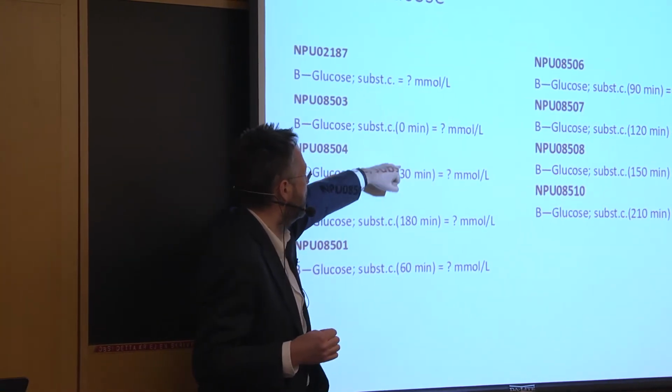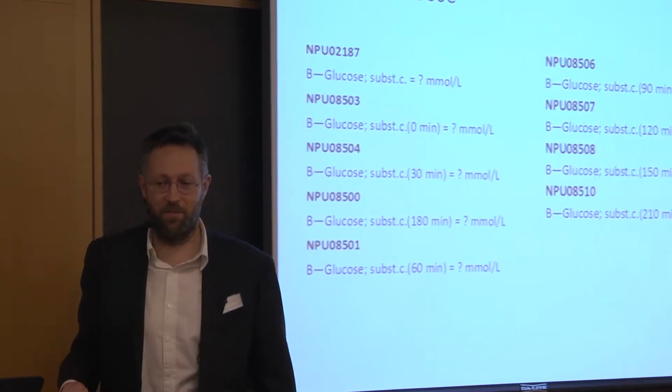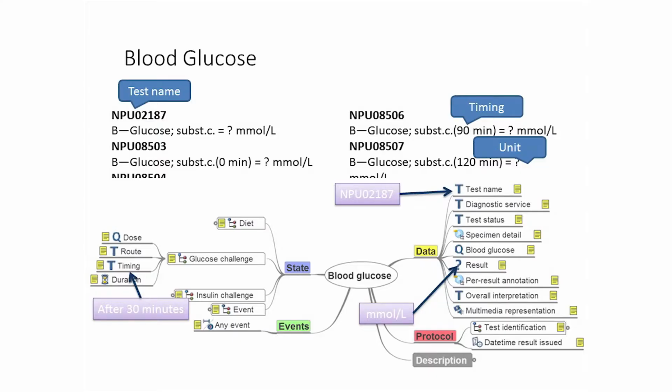And some of them have the time specified, which in this context means the time after a challenge. But then there is a blood glucose archetype, an entire archetype just about blood glucose instead of all these.